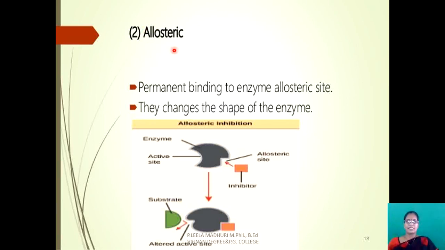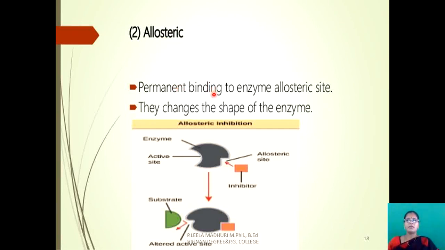Coming to the allosteric: allo means different, steric means configuration. Here the inhibitor, besides binding to the active site, binds at a different additional site, and the site where the inhibitor binds is called the allosteric site.